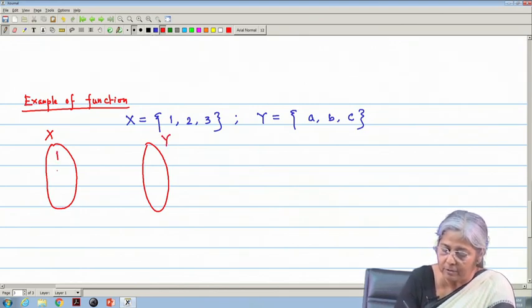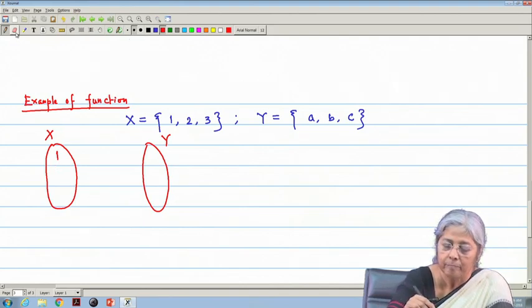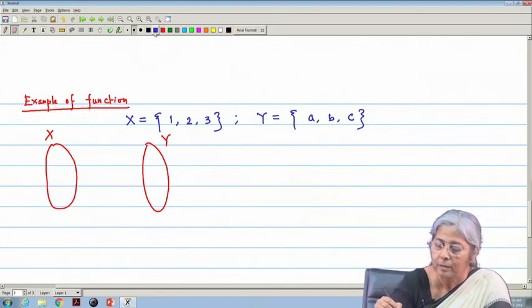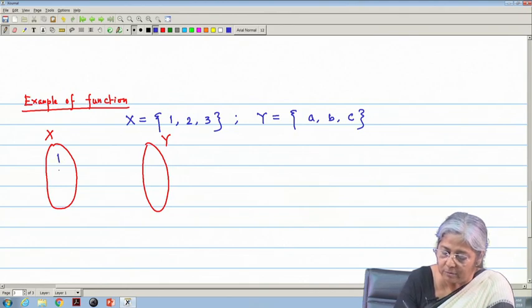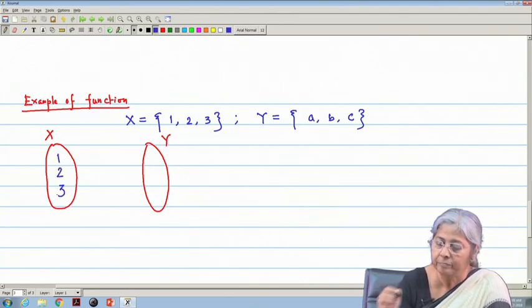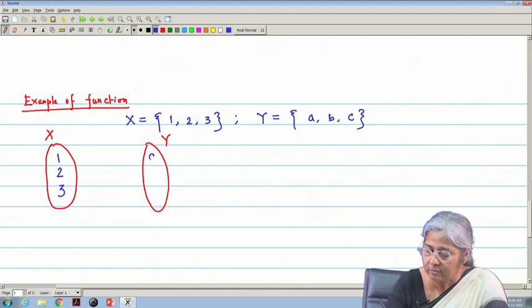Set x has 3 elements only and y also has 3 elements a, b, c.